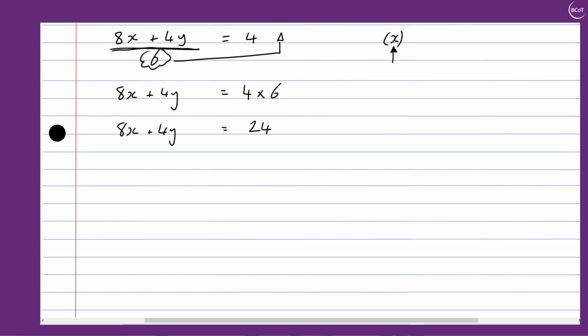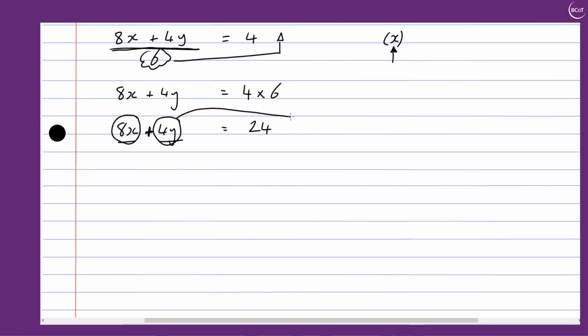What we can do next, because we have something added to something else, because there's a plus sign, we can treat this as a little bubble, treat that as a little bubble, and we've got a plus in between. So we can take this little bubble on the 4y, and because it's added or subtracted to something else, we can do the change the side, change the sign.